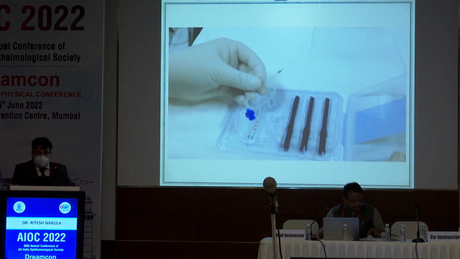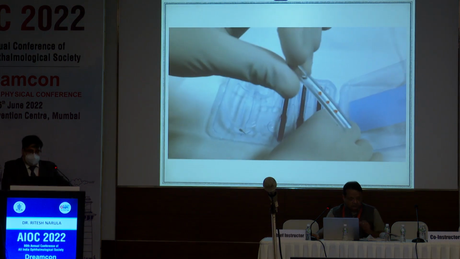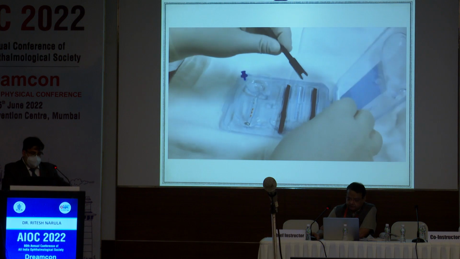A typical non-valve trocar cannula set consists of three 23-gauge trocar cannulas, an infusion pipe, and 3 scleral plugs.